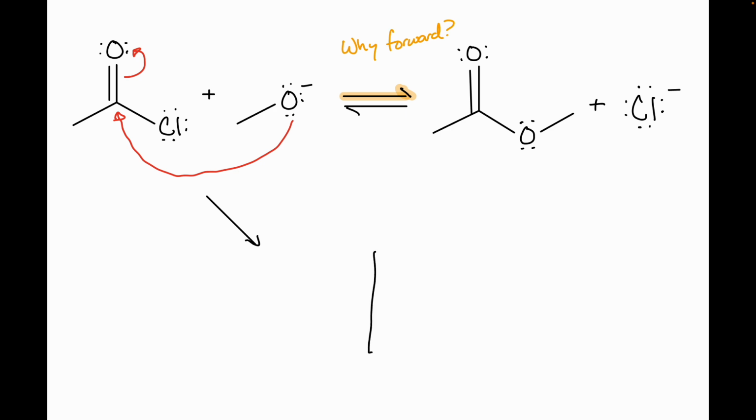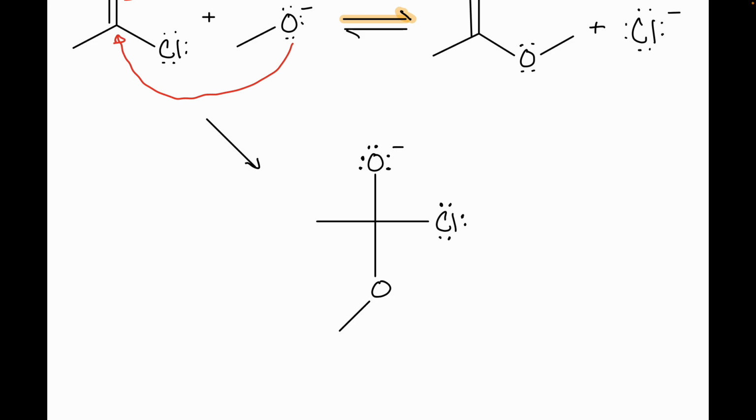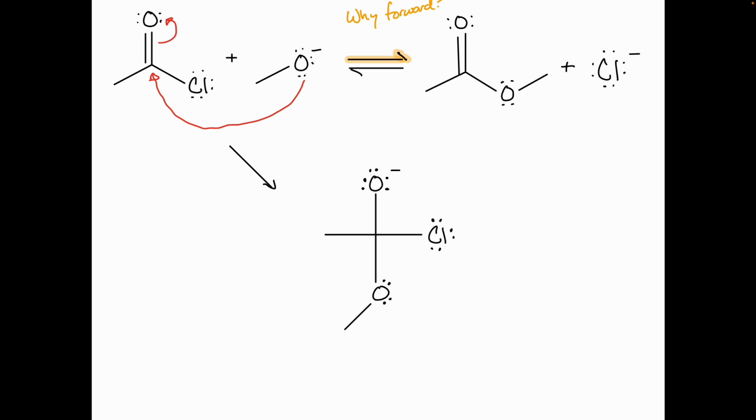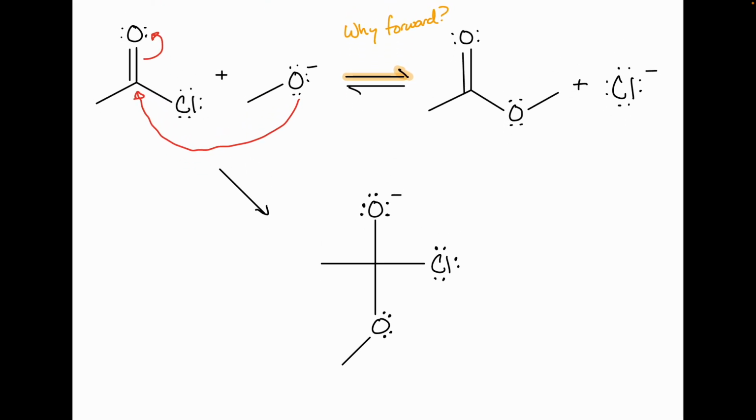We got that world famous tetrahedral intermediate. We would get the exact same intermediate if this reaction went in the reverse direction though, right? If my chloride ion instead did the attacking, I would form this same tetrahedral intermediate.